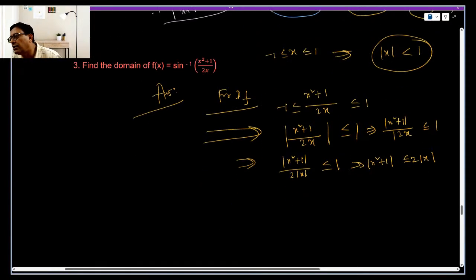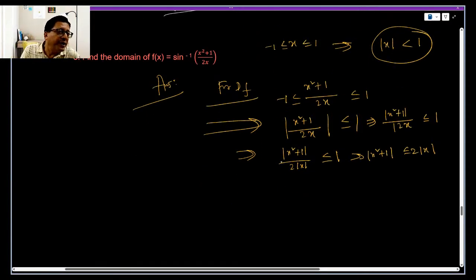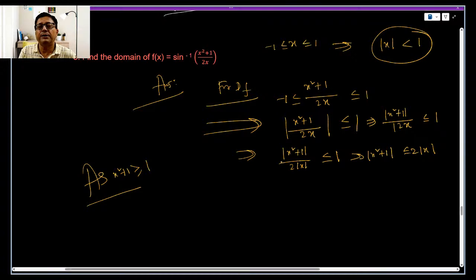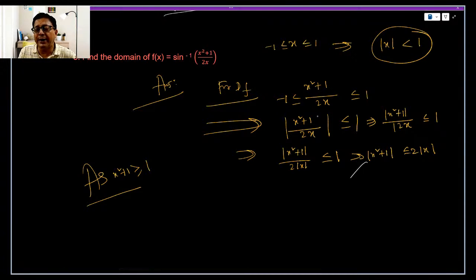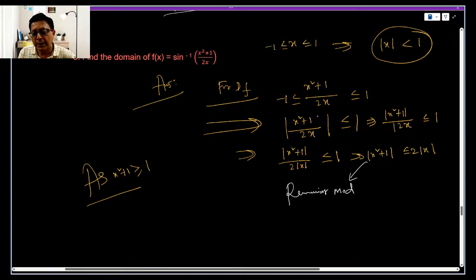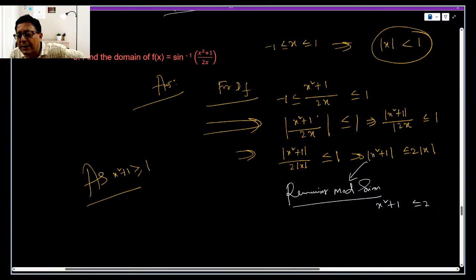Can you or not? Do you need to write mod x square plus 1? As x square plus 1 is always greater than or equal to 1, we can remove the mod sign from here. So, removing the mod sign, what do you get? x square plus 1 less than or equal to 2 mod x.